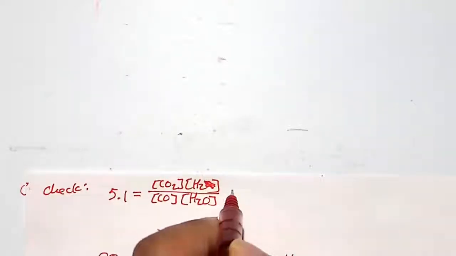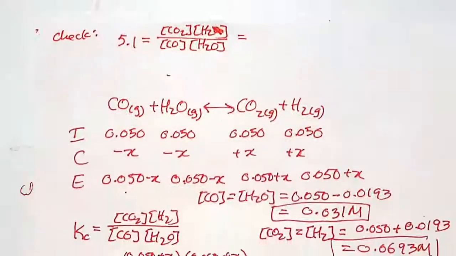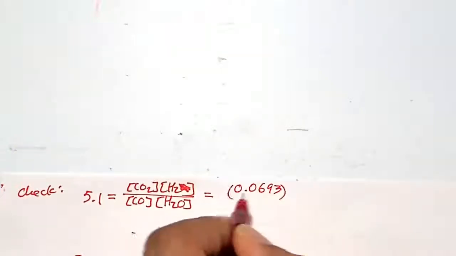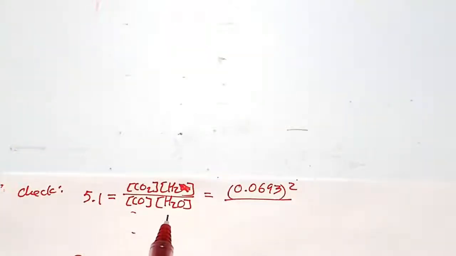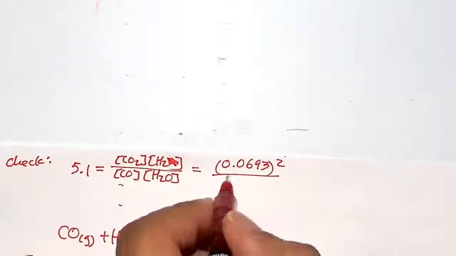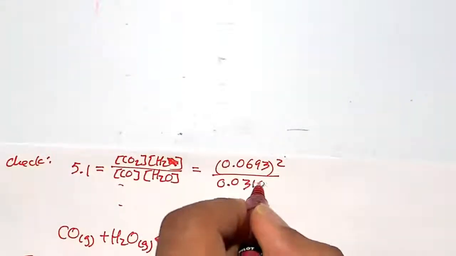We've got our values in. The equilibrium concentrations of CO2 and H2 are both 0.0693, so I'm going to go 0.0693 squared. The equilibrium concentrations of CO and H2O we calculated to be 0.031, so I'll put that squared.